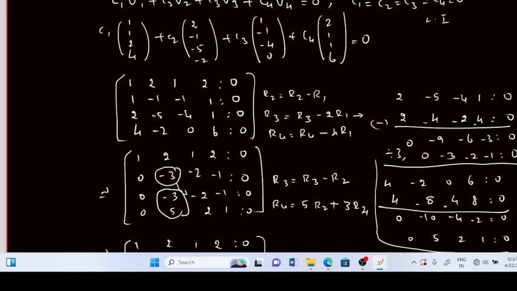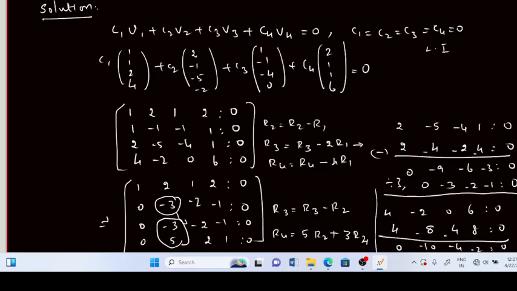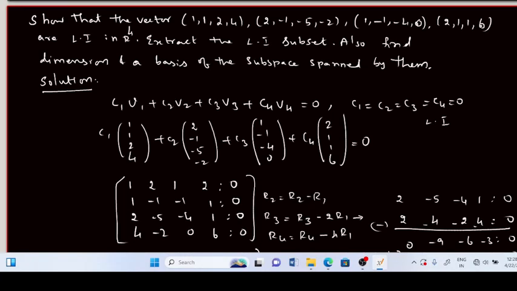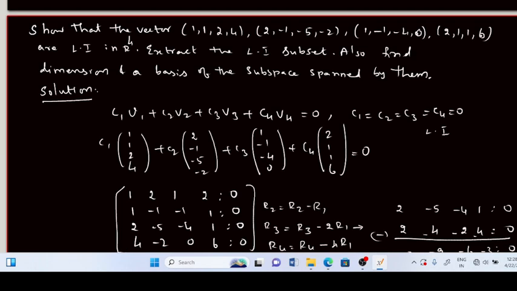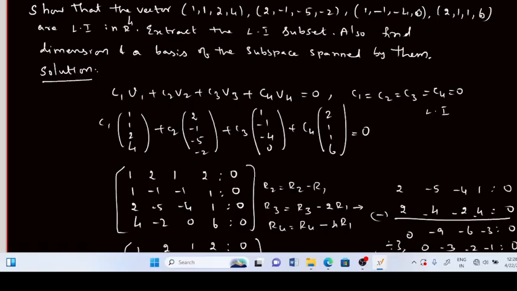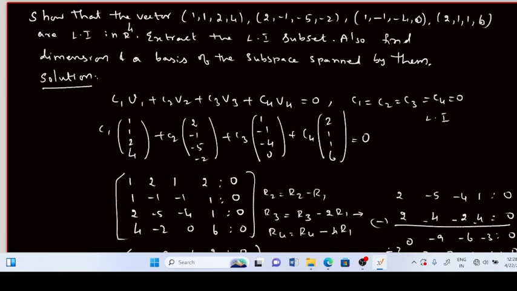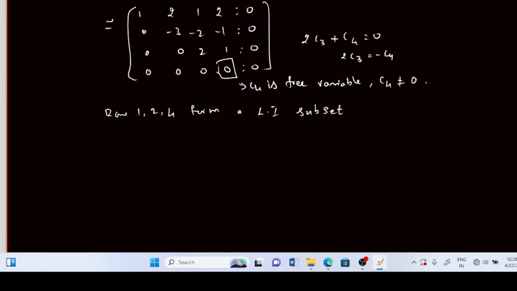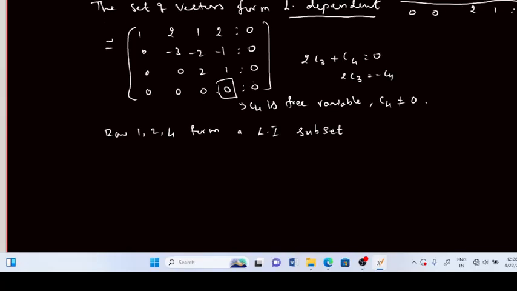Here we can see that the row 4, -2, 0, 6 became 0. We write the other elements, and those form the set of vectors which are linearly independent.